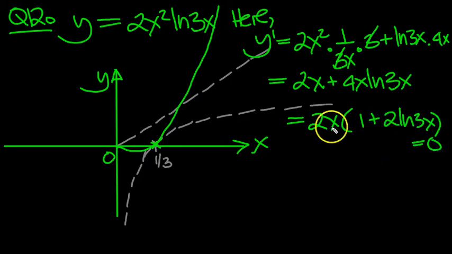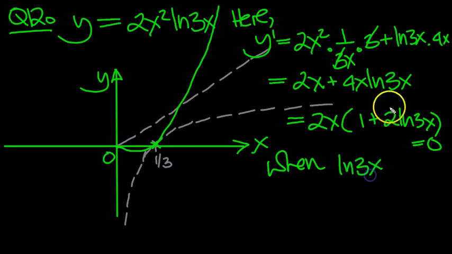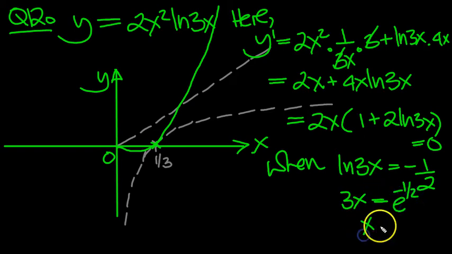let that equal 0. Now we know x is 0 is excluded because log is undefined there, so the only turning point can come from this. So when 1 plus 2 ln 3x equals 0, then move the 1 over, minus 1, and then divide by the 2, move the 2 from times to divide, and so 3x is equal to, undo the log, there's an e here, log base e hits the half in the air, and then divide by 3.